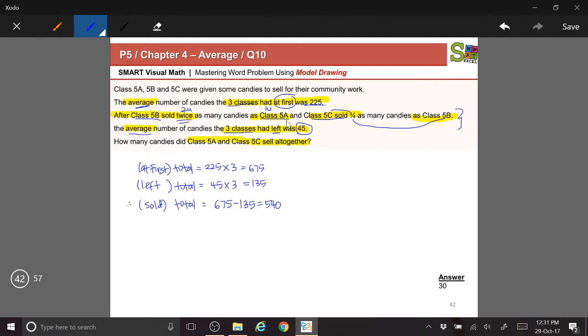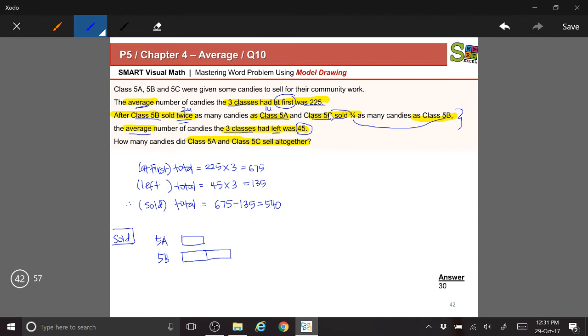So 5A is 1 unit, and 5B is 2 units. Take note that all we are drawing is the sold. Now we look at the next one. Then they mention 5C sold 3/4.